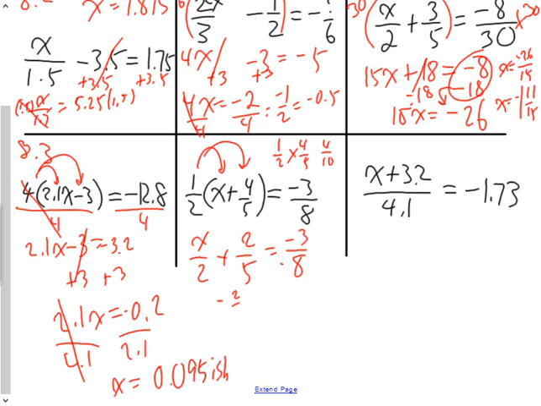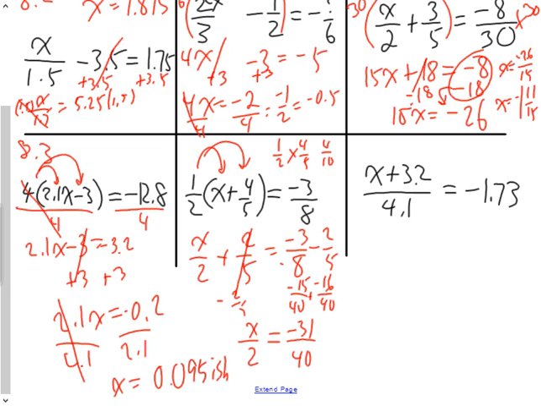I'm going to subtract 2/5 from both sides. Half of x is equal to, common denominator of 40, negative 15/40 minus 16/40, keep flip change, negative 31/40 when I subtract those two, because you got to keep flip change.